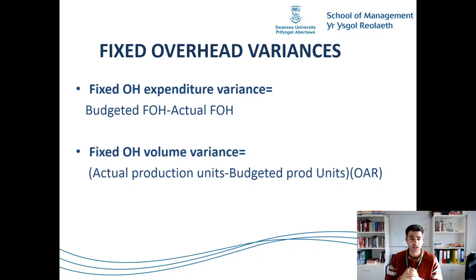In terms of the second variance under fixed overhead variance, it is the fixed overhead volume variance, and the formula, as you see, is the actual production units minus budgeted production units times the OAR, which stands for overhead absorption rate. Okay, so far, again, please write them down so we will use them in a bit.